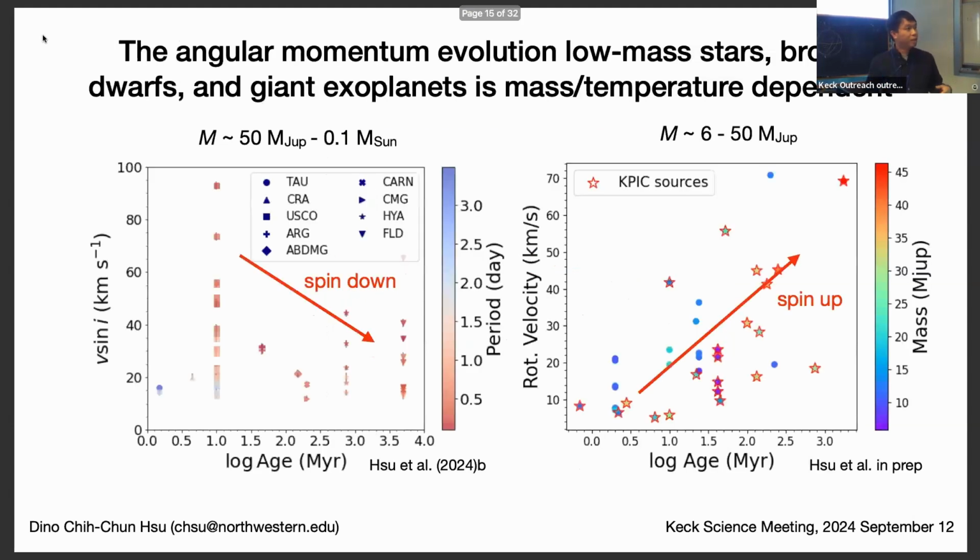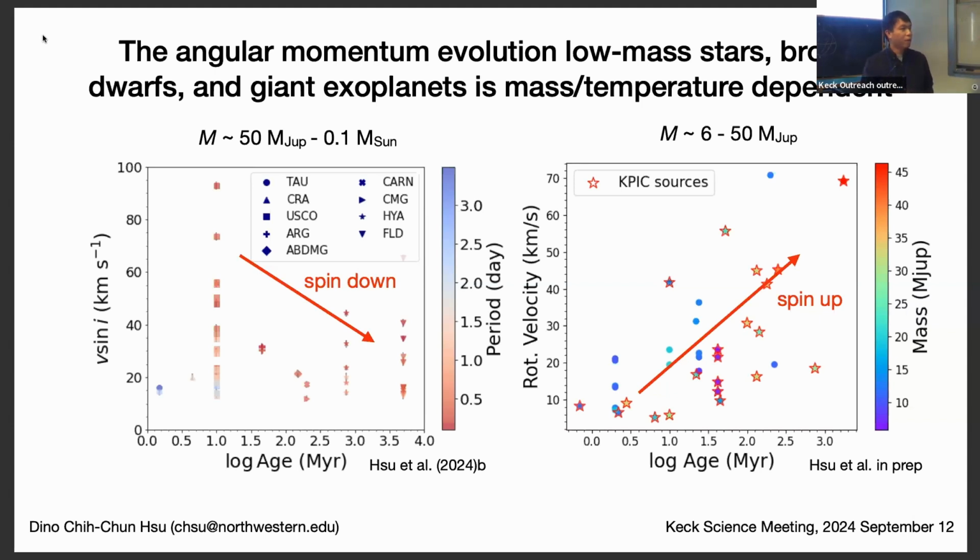And this is actually pretty complementary with the APOGEE survey. If we look at just the left plot, this is another survey that was published earlier this year, from SDSS APOGEE. If you look at several cluster members in terms of v sin i, it shows a general spin-down relation, although the sample is quite small.